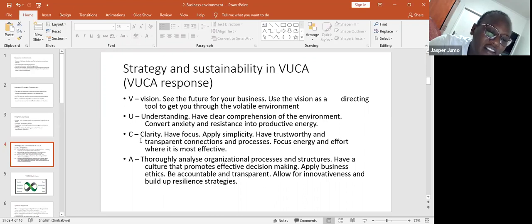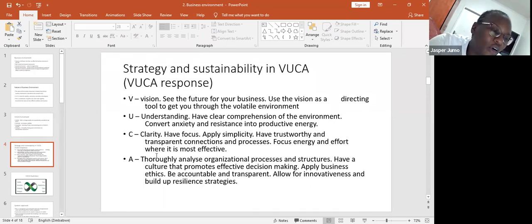Just simplicity, meaning you are able to accept the things that you cannot change. You find strategies to overcome them. And when you have clarity, you focus all your energy on remaining sustainable. This is very simple. You just accept your environment as it is, and then you move forward. So that is the third letter there.